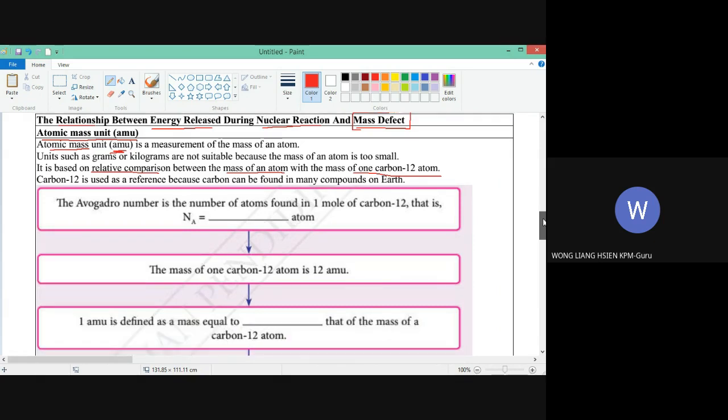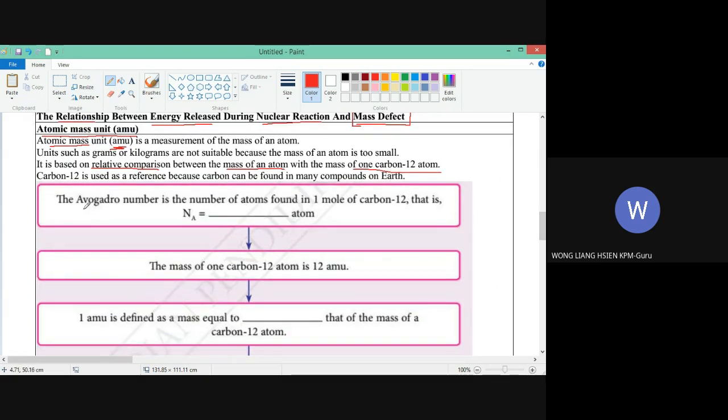Now the Avogadro number, which you also learned in chemistry. The Avogadro number is the number of atoms found in 1 mole of carbon-12.